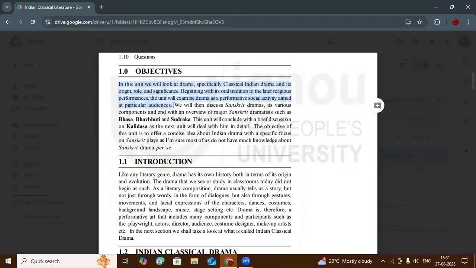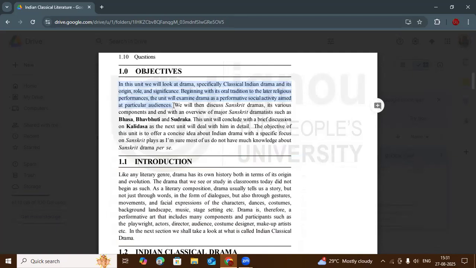Is it clear? So we just had a talk about what the objectives are, what we are going to gain as we learn the chapter. In this unit, we will look at drama, specifically classical drama and its origin, role, and significance, beginning with its oral tradition to the later religious performances. So it came with the oral tradition and it got culminated with the religion.